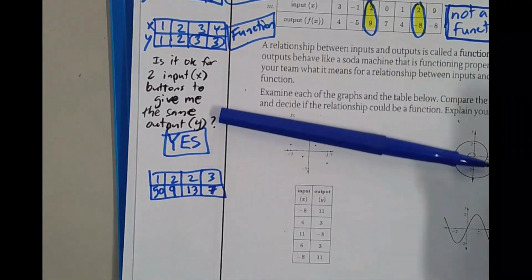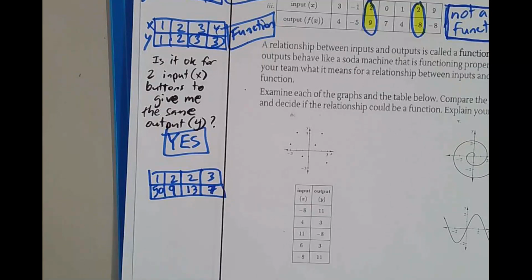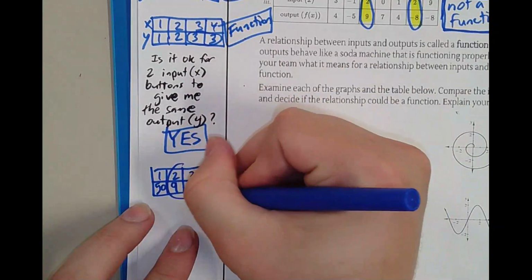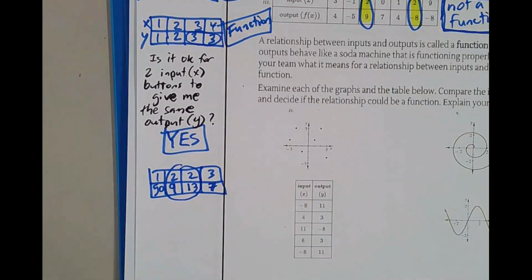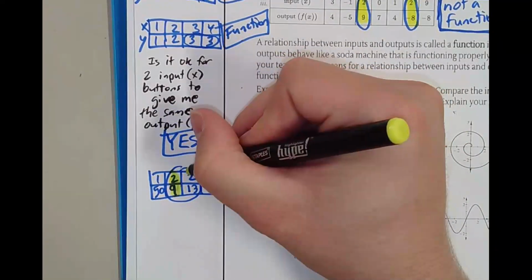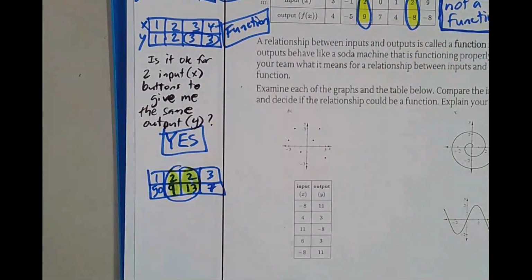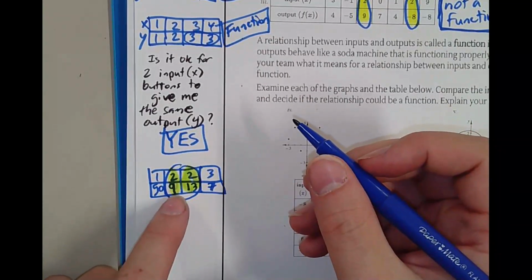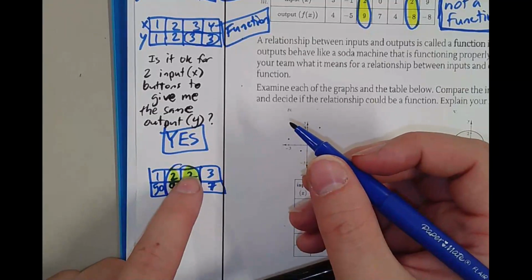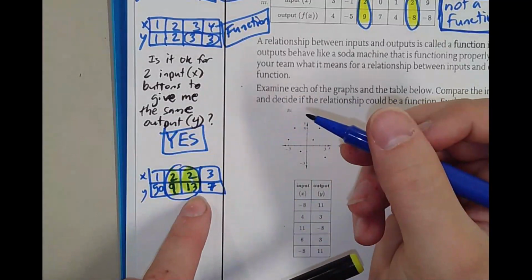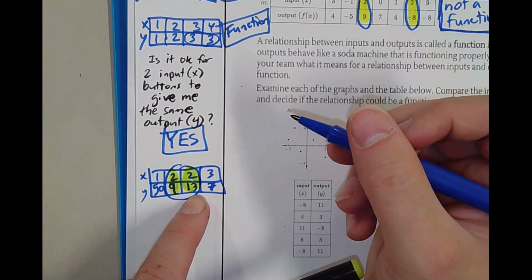All we have to do is look at our inputs. Do we have any repeats? Yeah, that is an issue. 2 gave me 9, but the button 2 also gave me 13. That's like saying 2 gives me orange juice, but the same button number 2, the input, gives me orange soda.